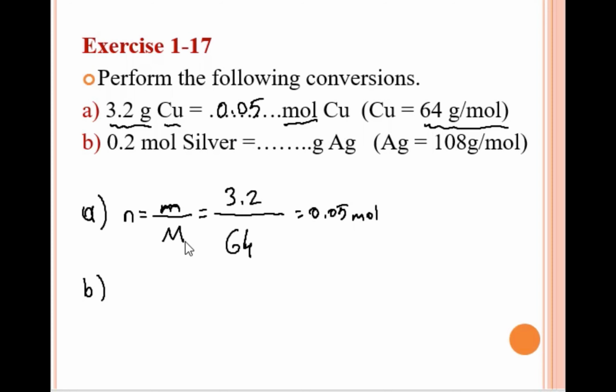For the second one, the mole number is given: 0.2 mole silver is equal to how many grams of silver, and the molar mass of silver is also given. We know the formula which is used for the calculation of mole, m over big M. From here we can arrange the formula to calculate mass.